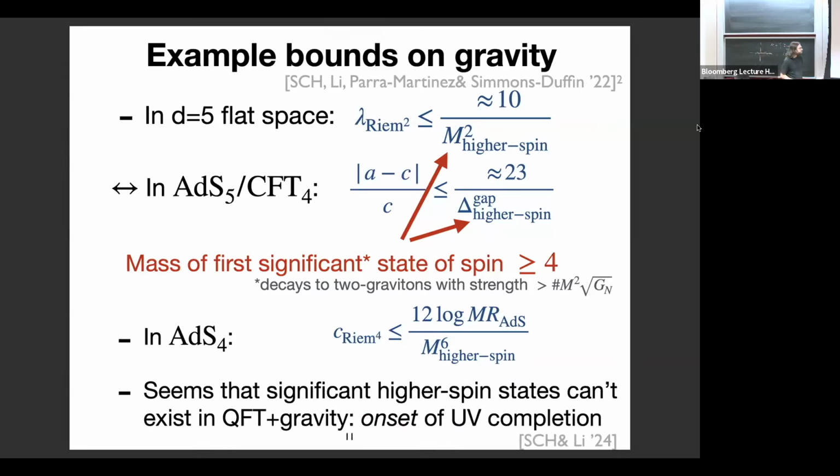So, maybe I will briefly comment on some other work with Joe. But it seems that this type of higher spin state that contributes to some rules, it's really impossible to have them by thinking about QFT coupled to gravity. If you think about particles interacting with each other, you never get that. So really something new has to come in: a higher spin elementary particle, like a spin-4 elementary particle.